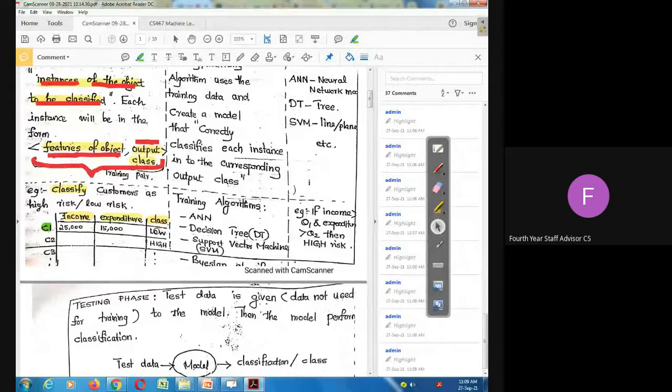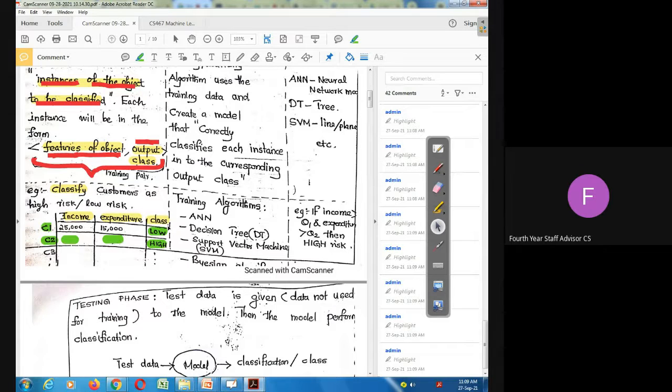Then in addition to that, a class label will be attached. That is, the class label attached here is low. Okay. Similarly, suppose the second person is Ajmal. So his name will be there, then his income is there, his expenditure is there, and his class. Is he high risk or low risk, and the label is high.